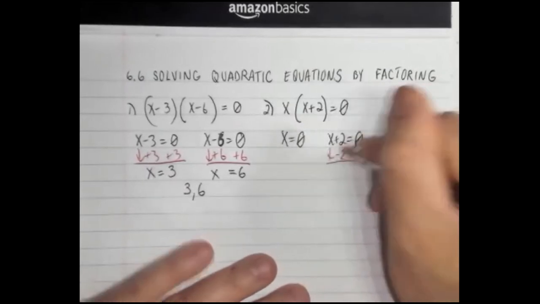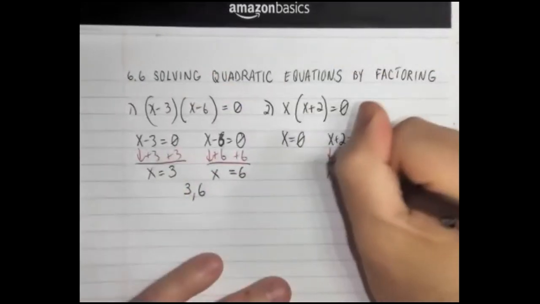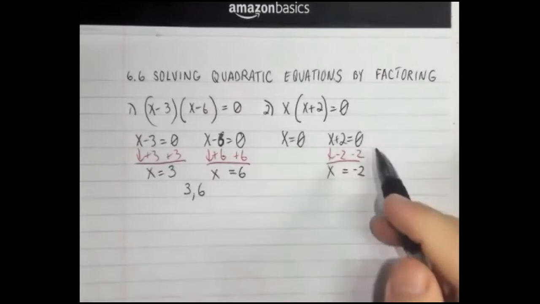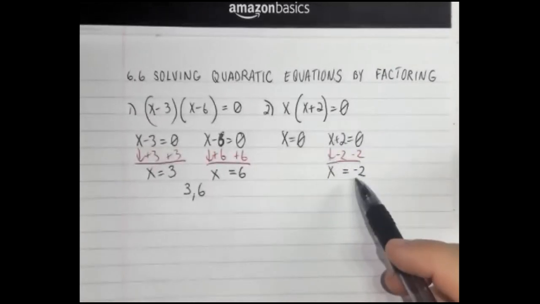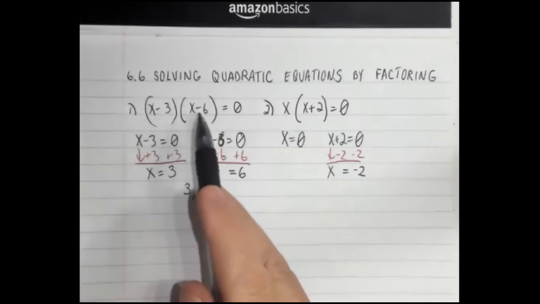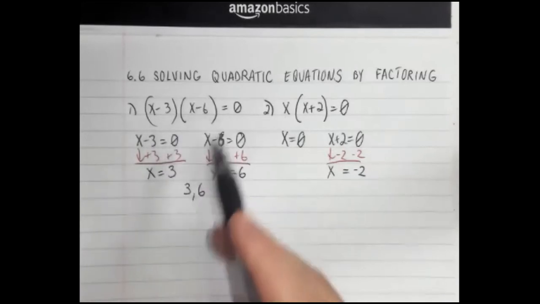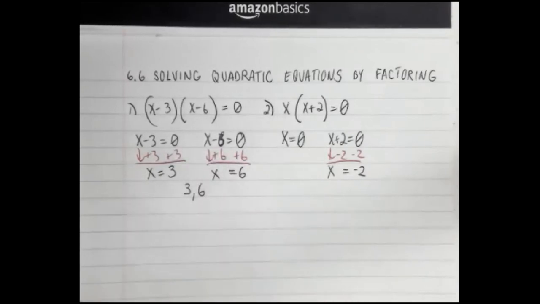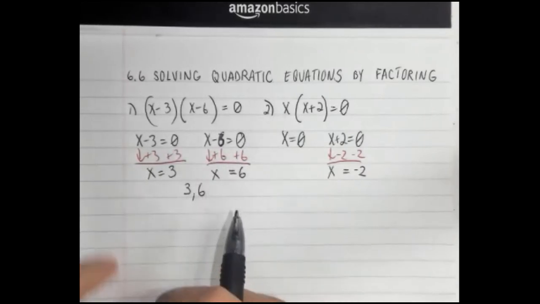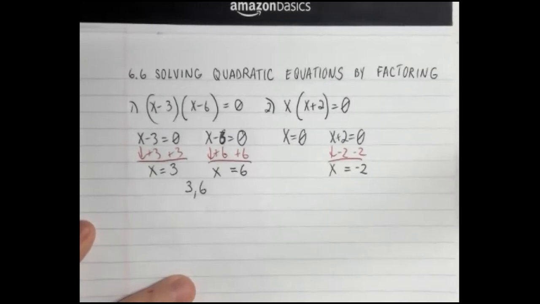So you're always going to do that inverse operation. Some of you may see that x plus 2 and just know that one of the answers is x equals 0. So like here, x minus 3, x minus 6, you'll say, well, it's going to be 3 and 6. It's positive because of the inverse operation. If you start skipping those steps, that's fine. Just be a little bit careful.